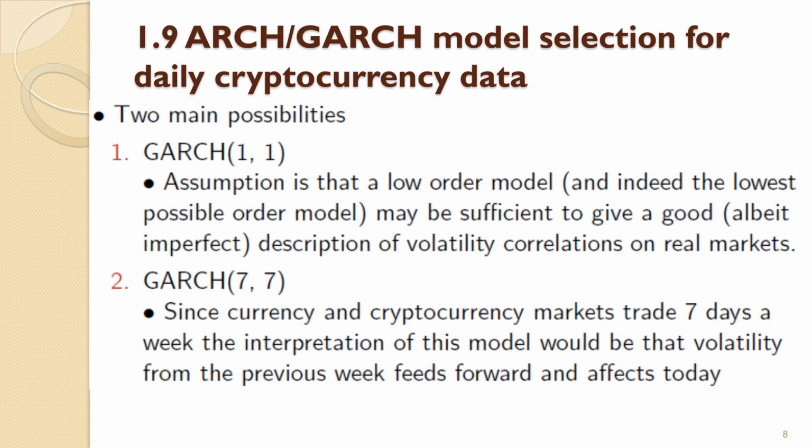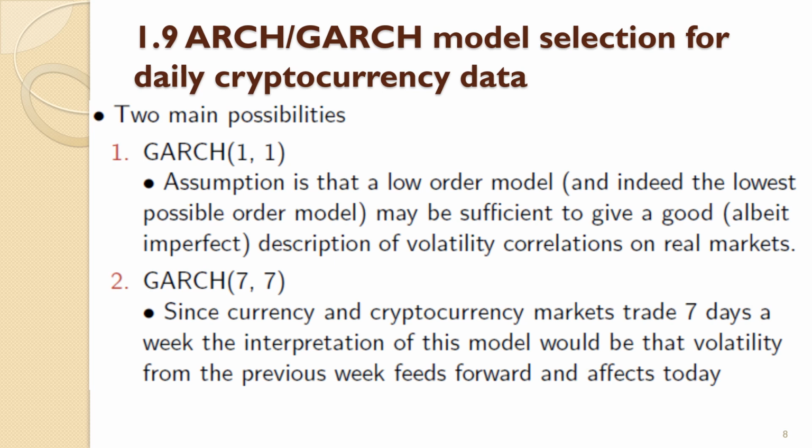I wanted here to discuss an example with respect to cryptocurrency data. Other possibilities are, of course, available. But I just wanted to discuss how you might model cryptocurrency data using the GARCH model. So there's two main possibilities here. If you've got daily data, you could use a GARCH(1,1) model.